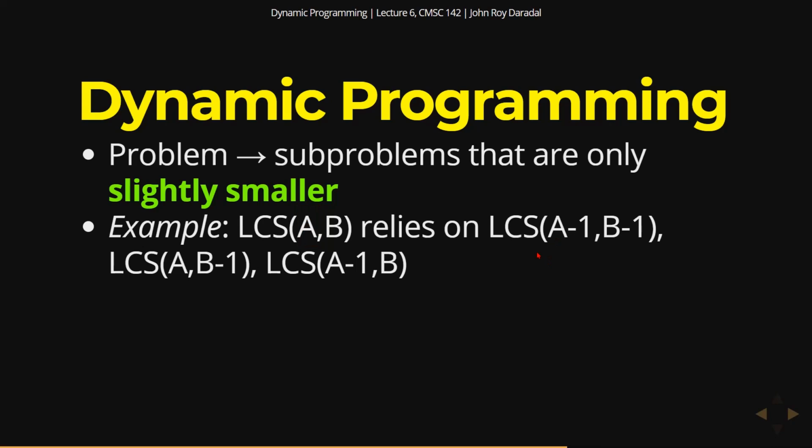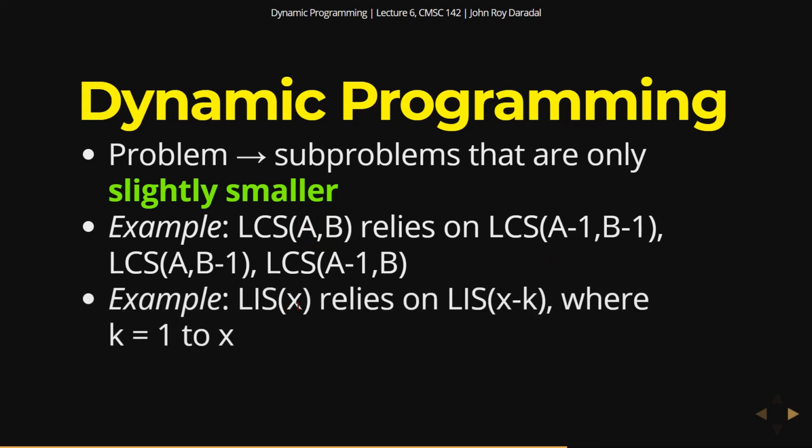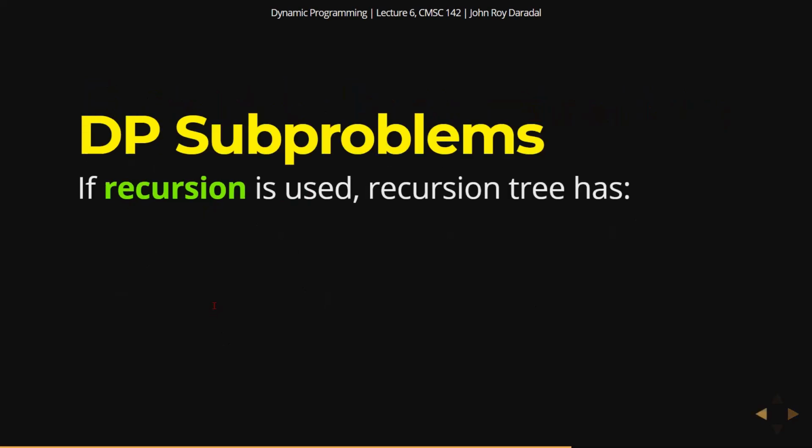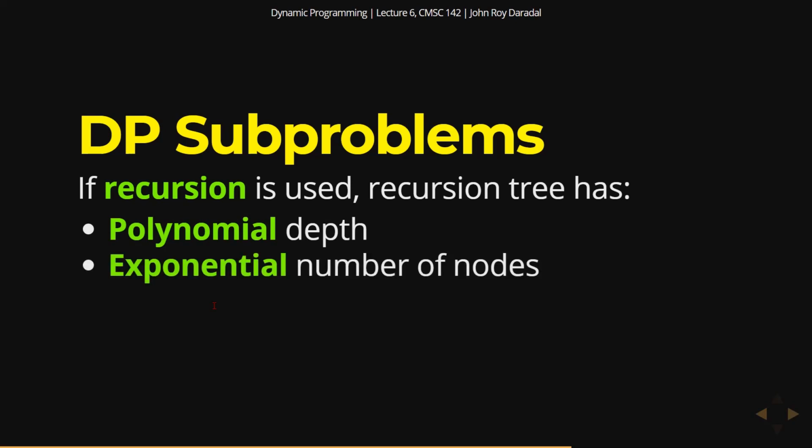So it's not a big difference. Okay, and then for LIS of x, you have x minus k, wherein k runs from 1 to x. So it's also not a big difference in the size. Okay, and if recursion is used for dynamic programming type of problems, the recursion tree will have polynomial depth and an exponential number of nodes.